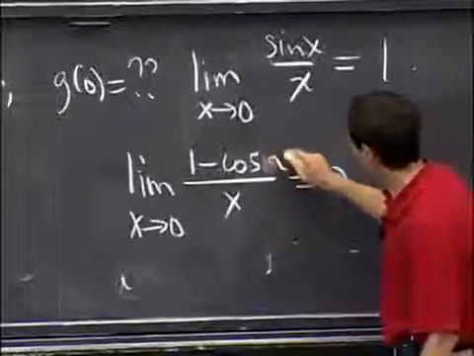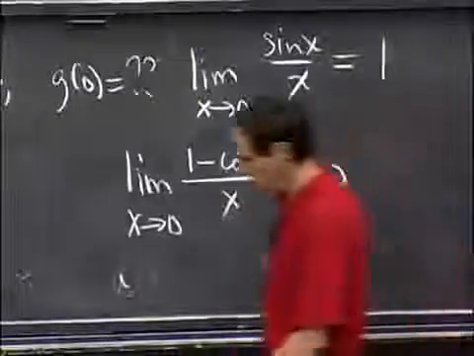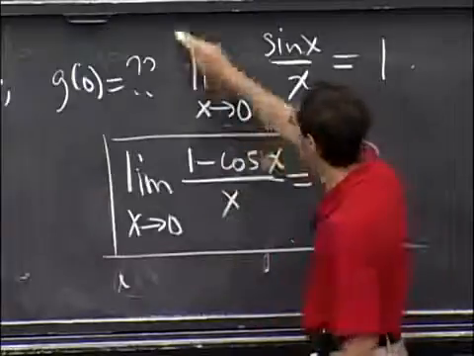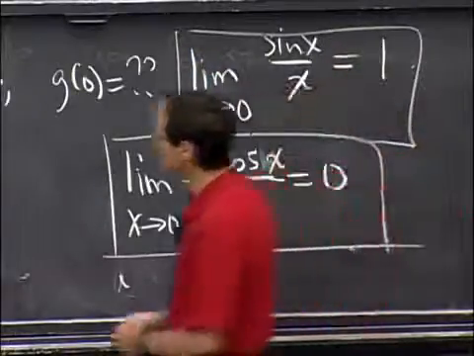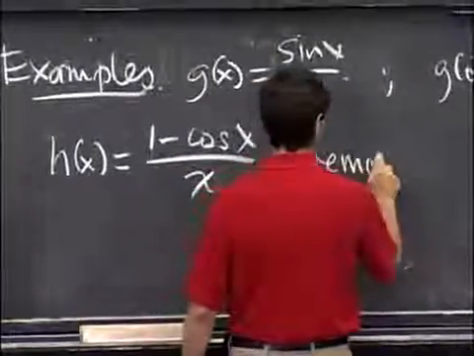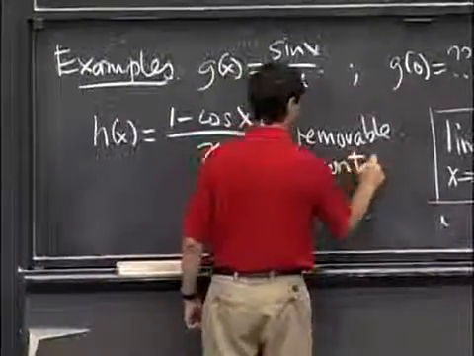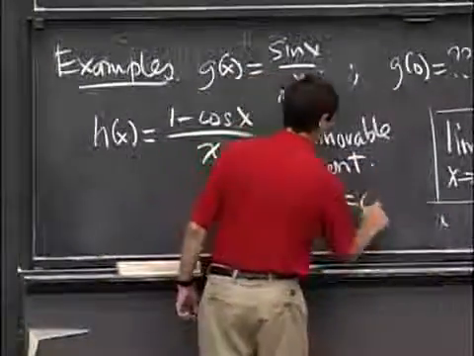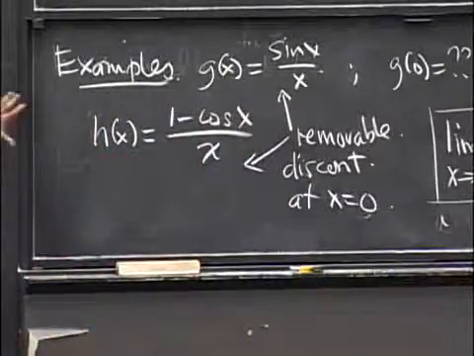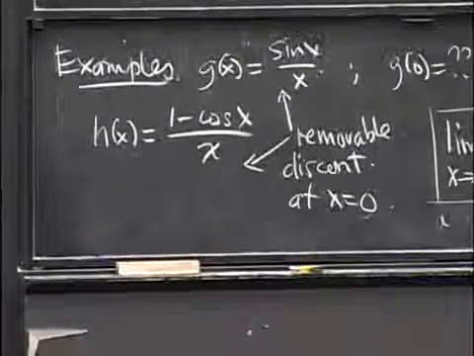All right, maybe I'll put that a little farther away so you can read it. Okay, so these are very useful facts that we're going to need later on. And what they say is that these things have removable singularities. Sorry, removable discontinuity at x equals 0. All right, so as I say, we'll get to that in a few minutes.